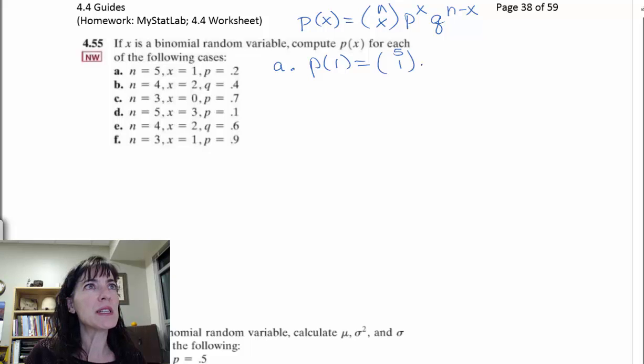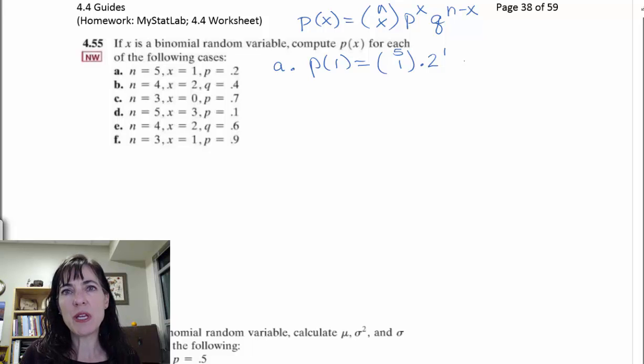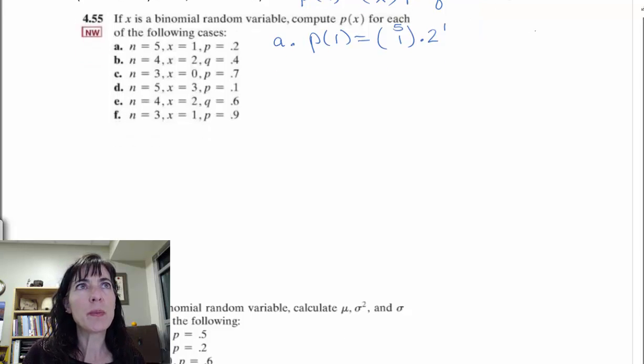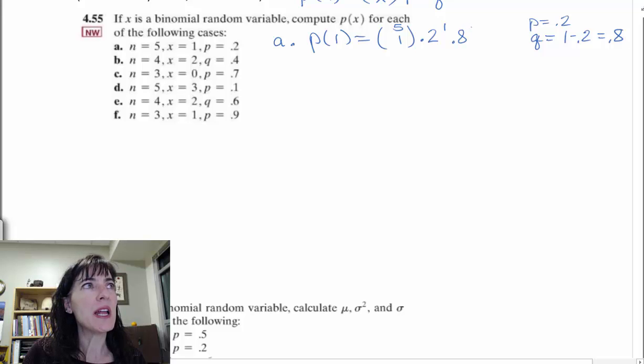Probability of success is 0.2 to the X, which was a 1, and times Q. Now, if I know that P is 0.2, then Q must be 1 minus 0.2, or 0.8. So that's what I need in my formula, so I have to do 0.8 to the n minus X, and n is 5, X is 1, so 5 minus 1.